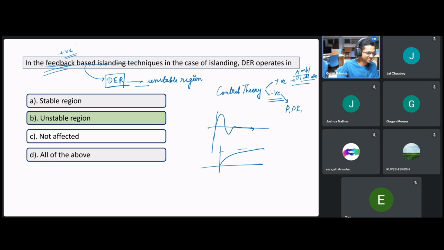But since this positive feedback that we are injecting, this magnitude is very small, this is not able to drive the DER to a very unstable region. Slight instability is there, not much. That is why this is a disadvantage of this technique.